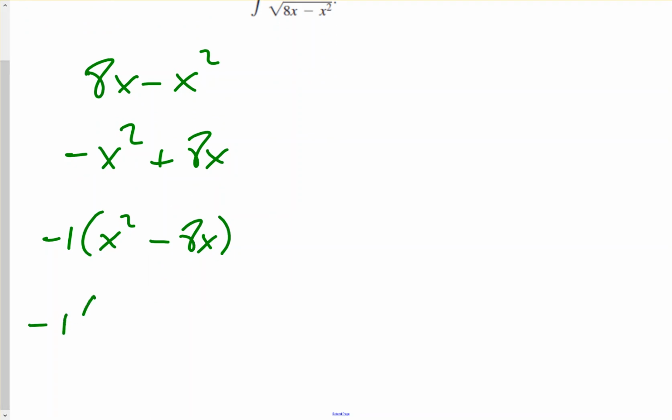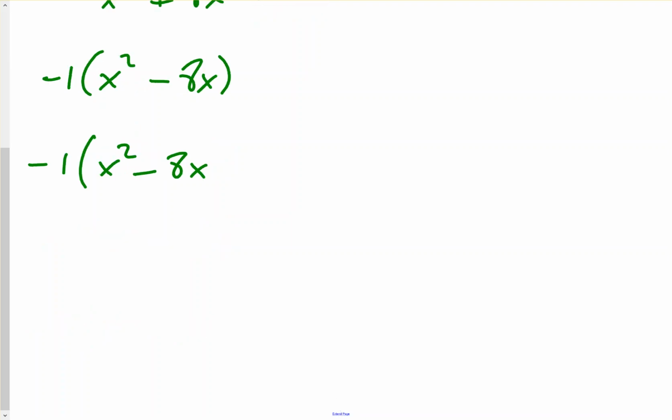So now when we complete the square, remember the one thing we do is, I'm going to write the negative 1. We take, I like to say we take half of the x squared. We're really taking the square root of the x squared, which is x. So we take half of the negative 8, which is negative 4. We close the parenthesis. We square it.